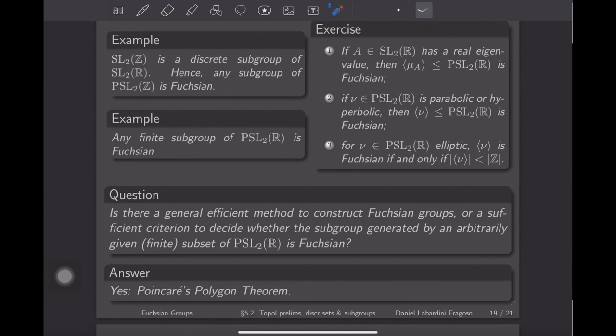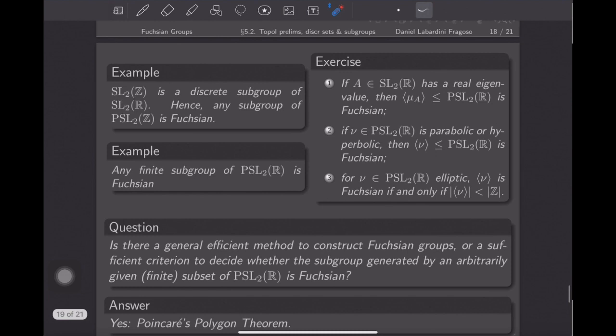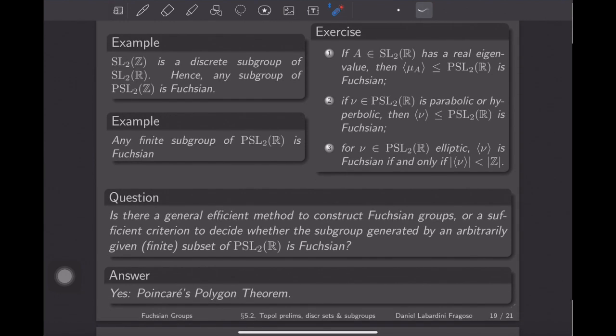So now you know that the subgroups that have the hope of having nice topological properties or consequences for the projection from the upper half plane to the orbit space U modulo gamma are the Fuchsian groups. Those are the ones for which you have the hope of having some sort of covering map.